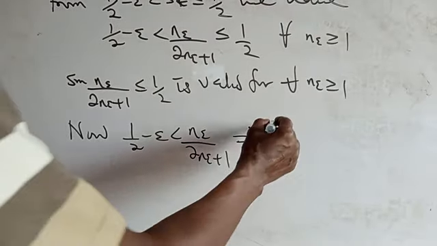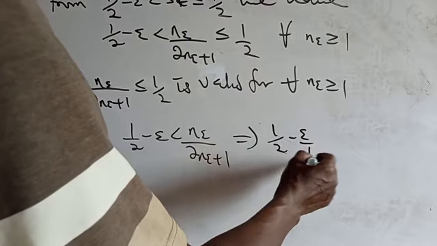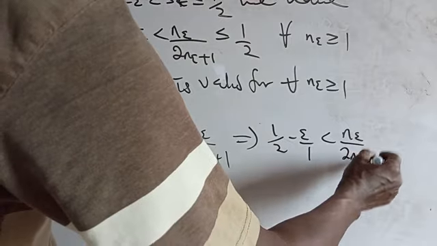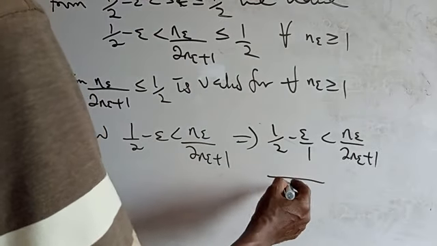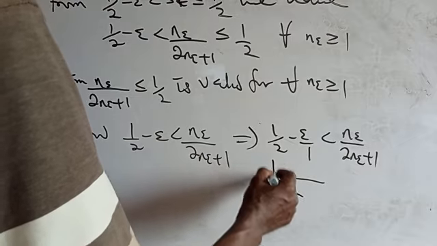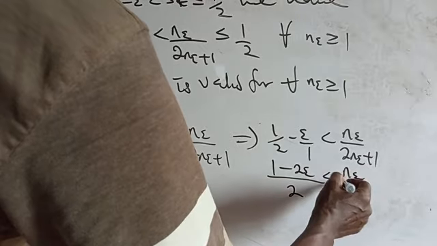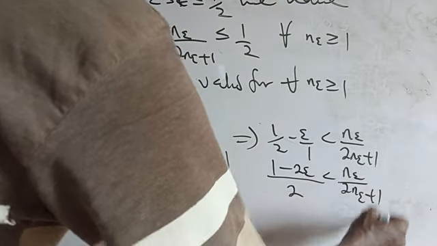So this will be half minus epsilon over 1, less than n epsilon over 2n epsilon plus 1. The LCM here will be 2, so we have 1 minus 2 epsilon less than n epsilon over 2n epsilon plus 1.